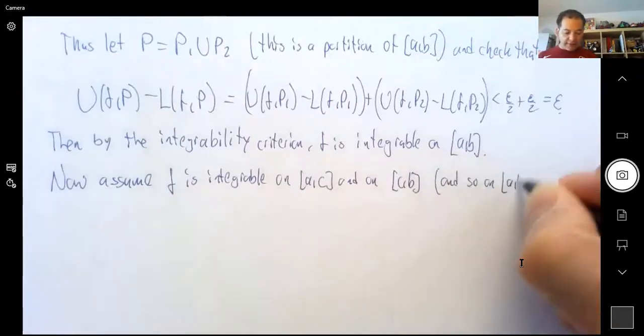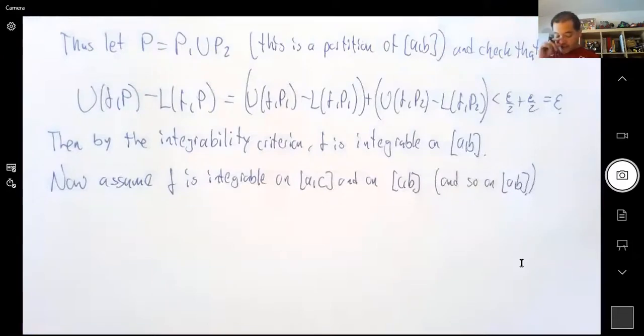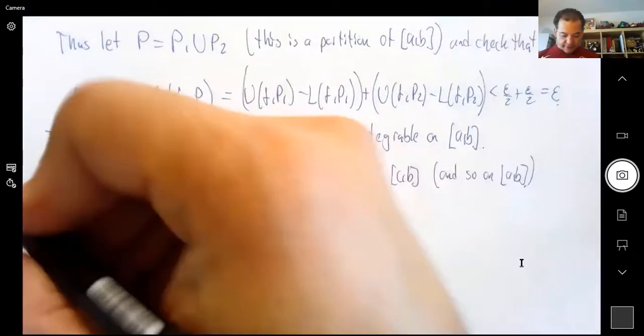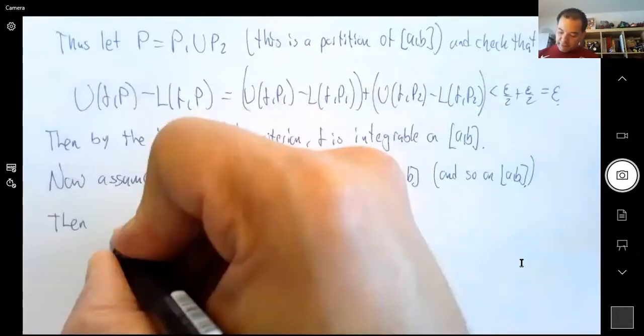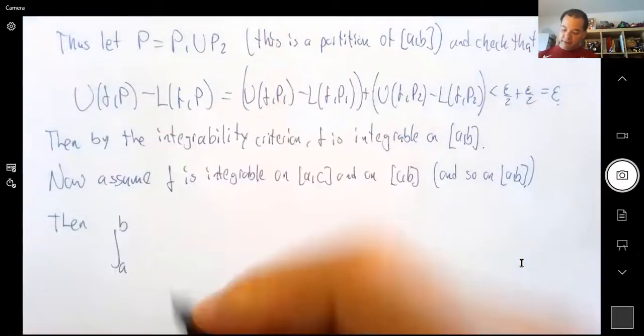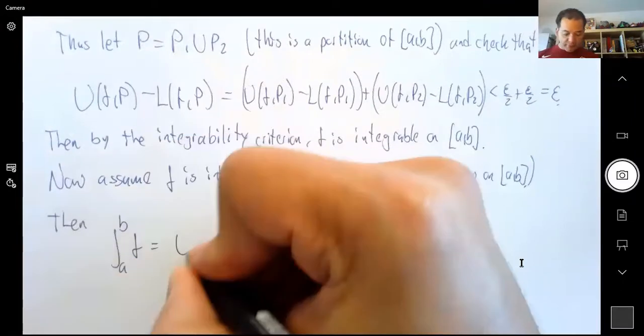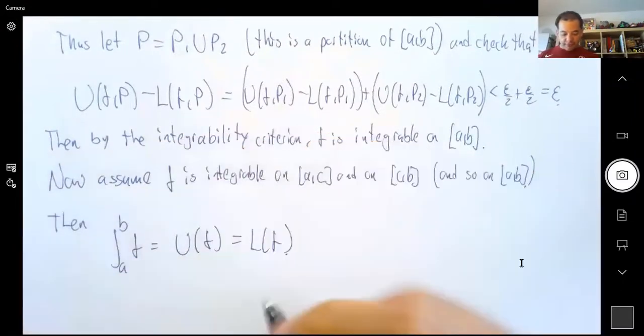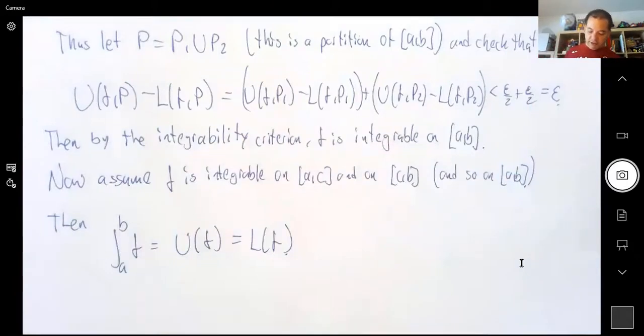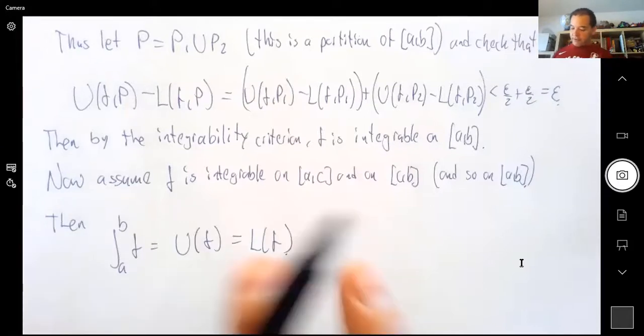And let's calculate the formulas, right? So what is the integral from A to B? Well, by definition it is the upper sum or the lower sum, because they're the same, right? Okay, but we know that there is some partition that makes this difference as small as we want.